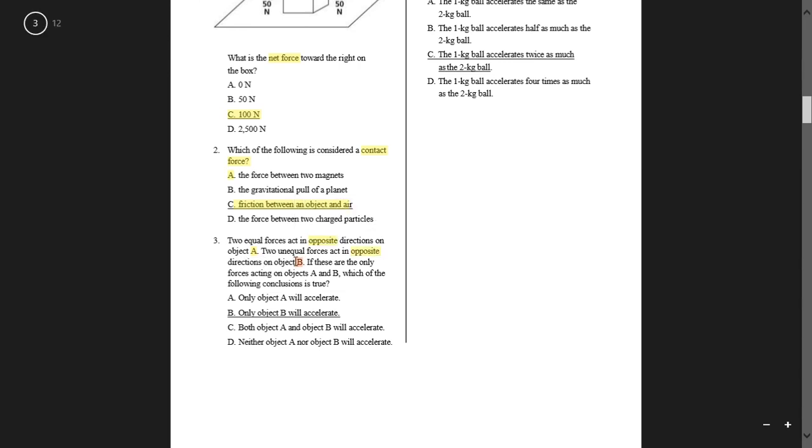We have two objects now, object A and object B. If these are the only forces acting on objects A and B, which of the following conclusions is true?